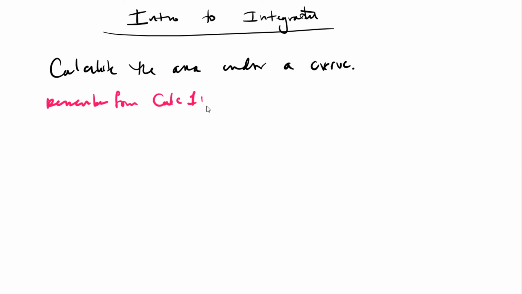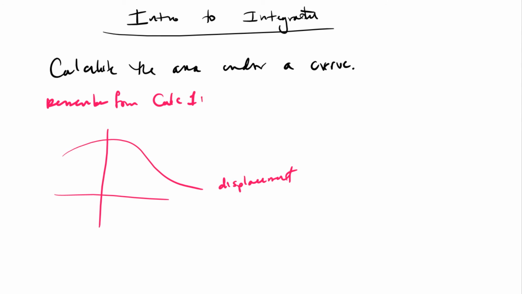you had the idea that if you had a graph, and that graph described, say, displacement, and you wanted to know, so by displacement I mean you have an object moving around, so this is the location of a moving object. Then if you wanted to know how fast the object was going at a particular location, you could use the derivative, right?